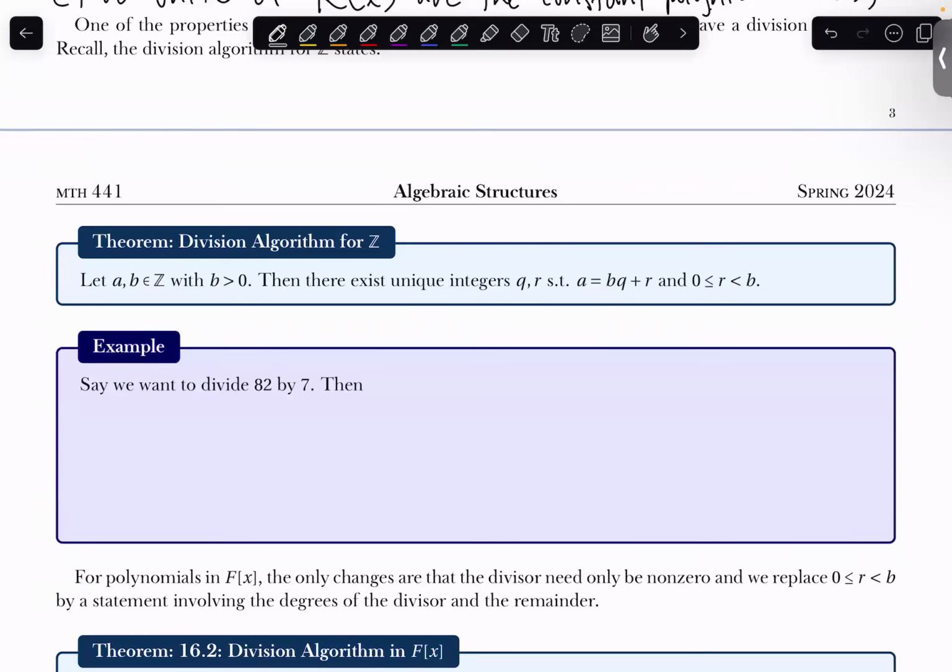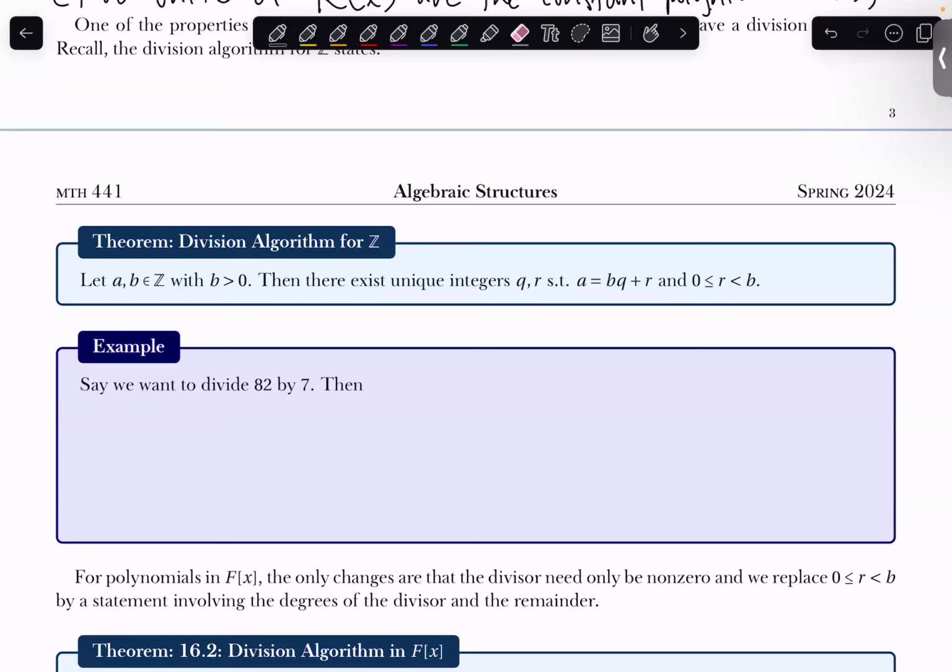And after undoing that division, we can write it as a product instead. So we'll look at an example to remind us where this is coming from, what the A, B, Q, and R would be here, and then how do we translate this information to polynomials instead, and what this piece would be when we have our polynomials? We'll see it has to do with our degrees instead.